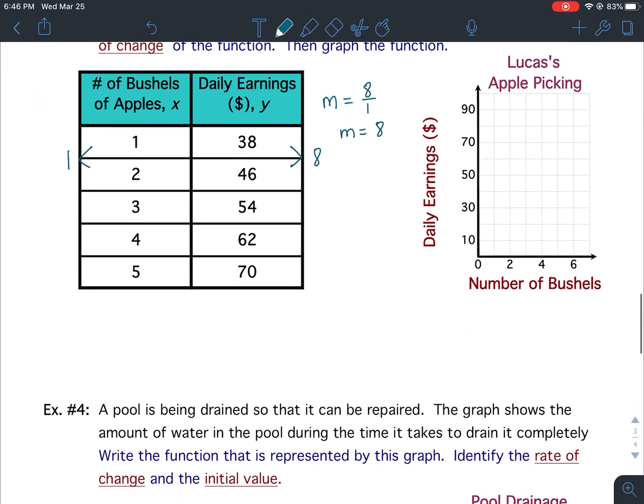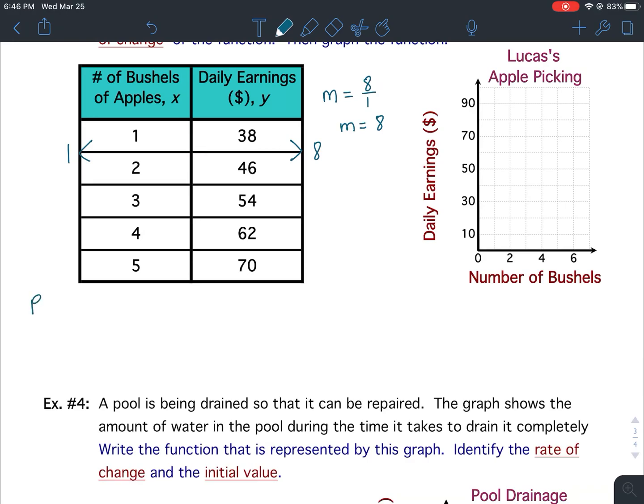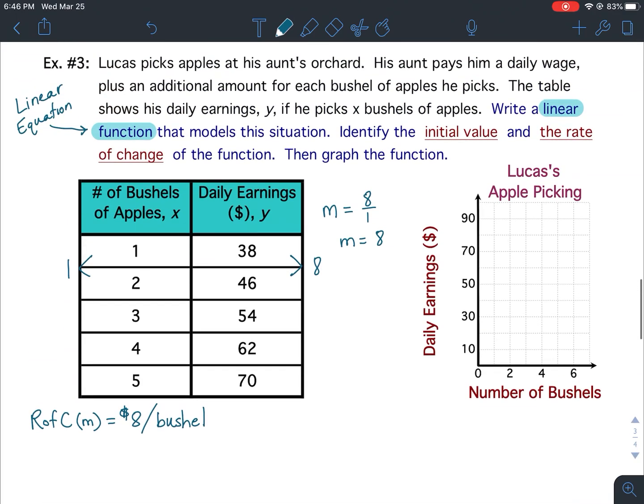So let's go down underneath the chart here, and let's write that the rate of change is $8, because right there it's telling me it's money, $8 per, that's not per hour, it's per bushel. So that means Lucas makes $8 per bushel that he picks.